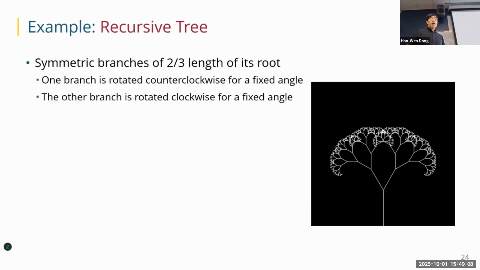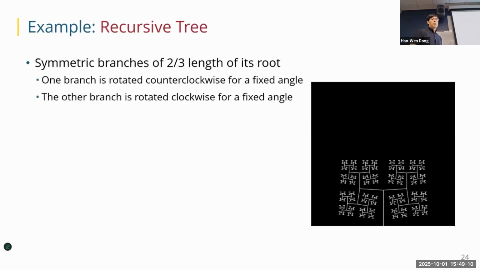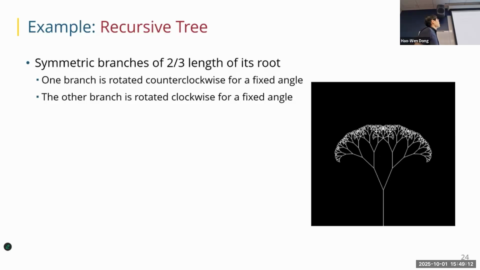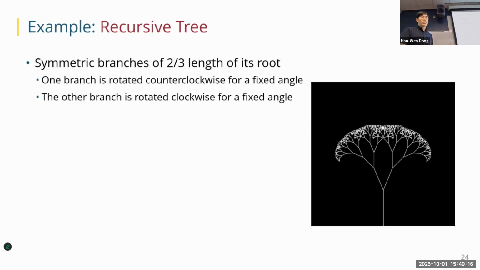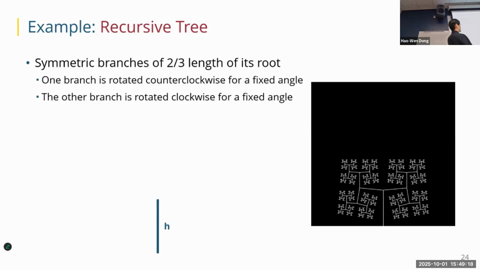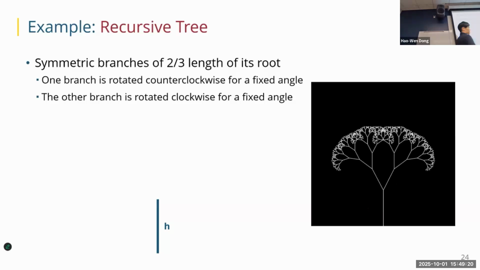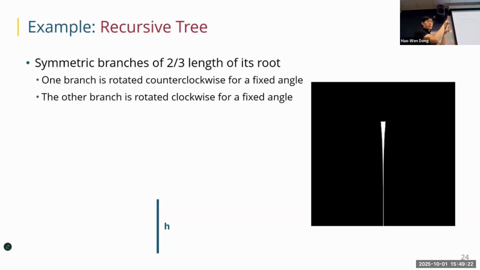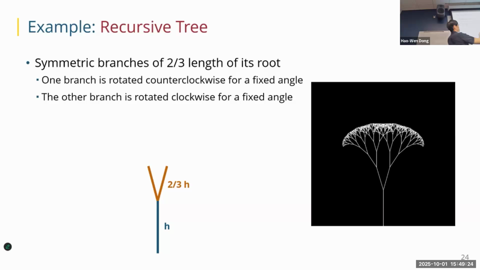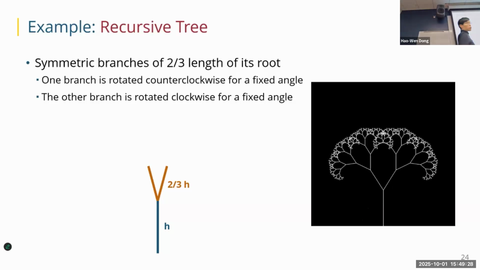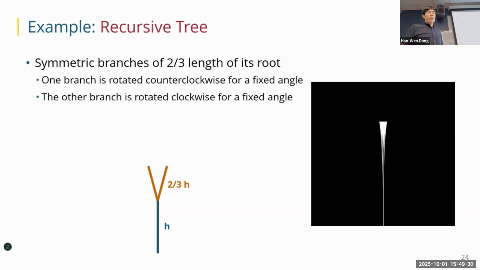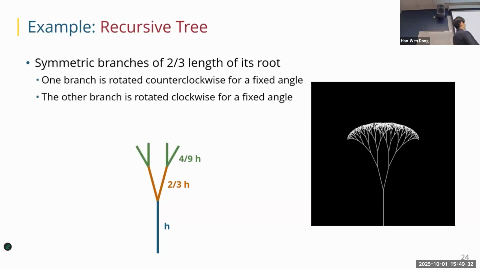We will also talk about this recursive tree at some point, when we talk about recursion. The idea is that you have something like h, the height, and then you grow it with some fixed theta, but shorter, say 2/3 of the original length.